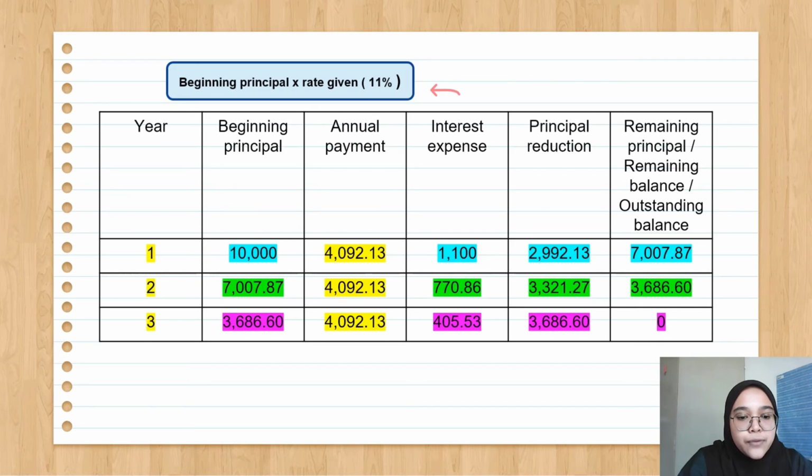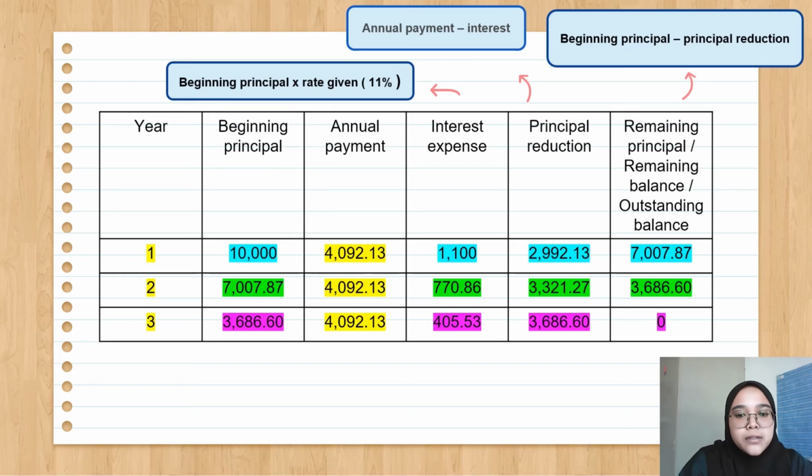Next, we find the principal reduction for the first year. Principal reduction is the annual payment $4,092.13 minus interest for the first year 1,100, and we get principal reduction for the first year of $2,992.13.